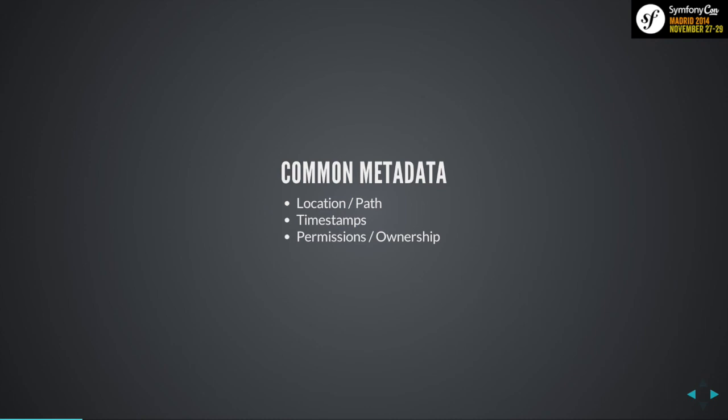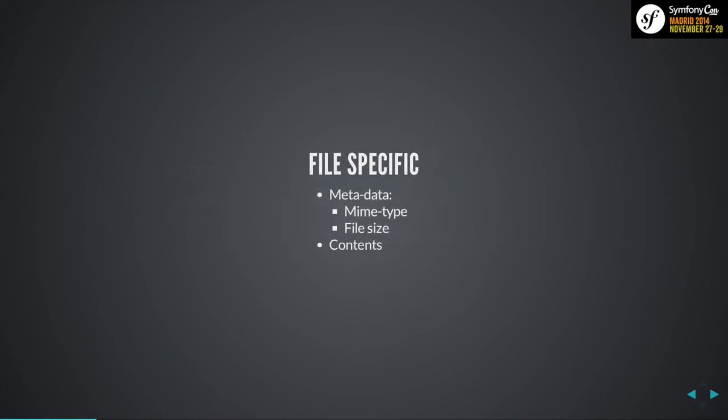Is it publicly available or just for me? You want to be in control of that. And then you've got file-specific things: like I said before, MIME type, file size, but also the contents. In a way, contents is only a part of a file, so it's actually at the same level as the rest of the metadata.